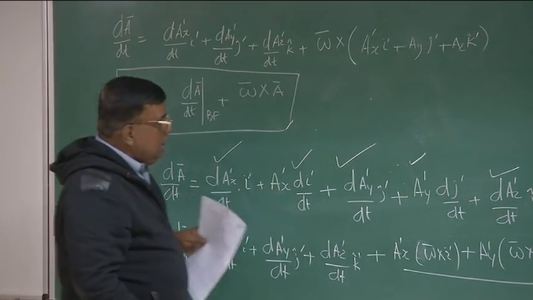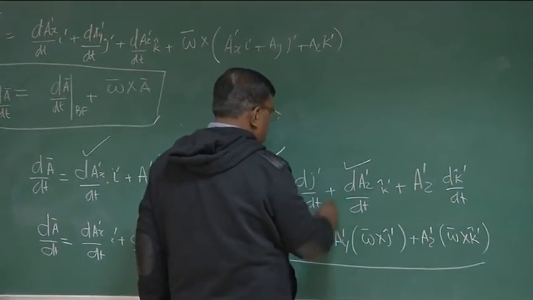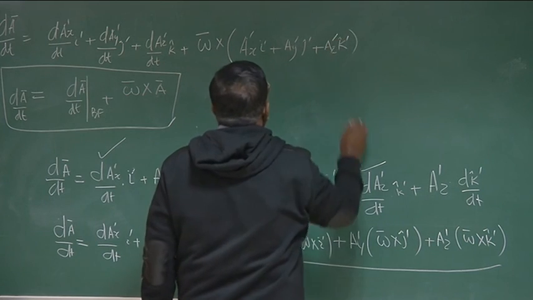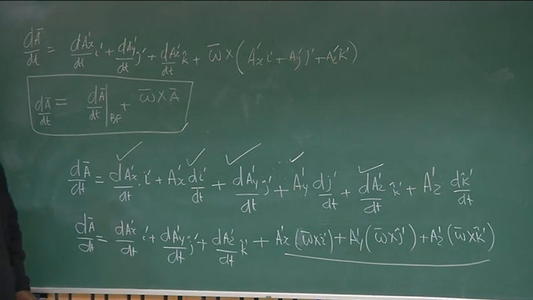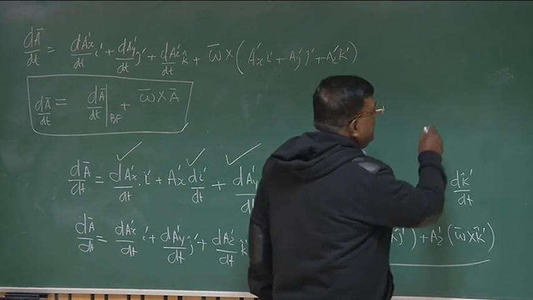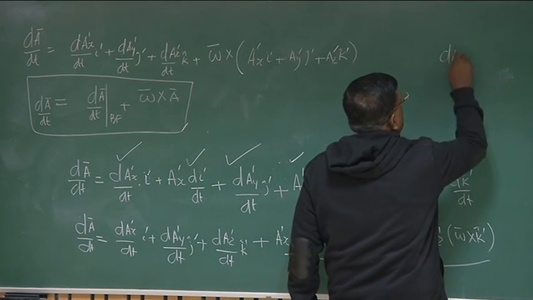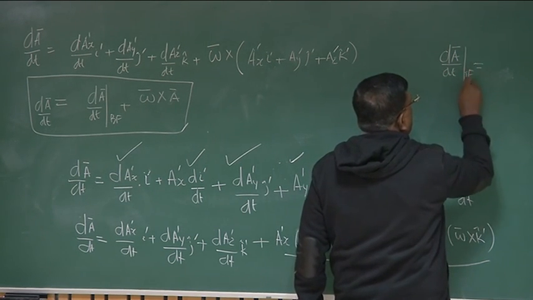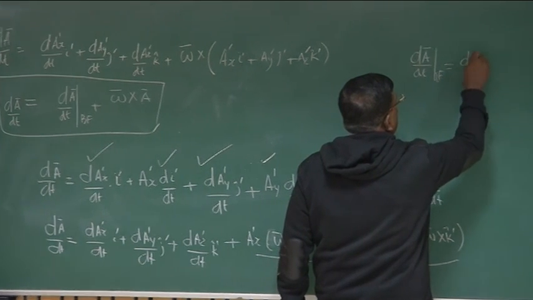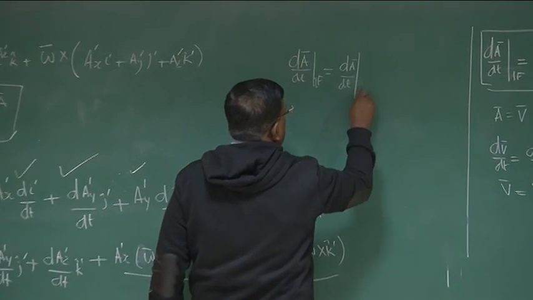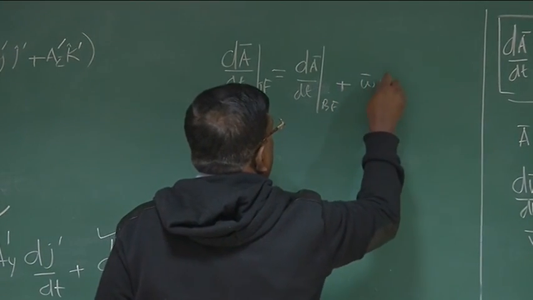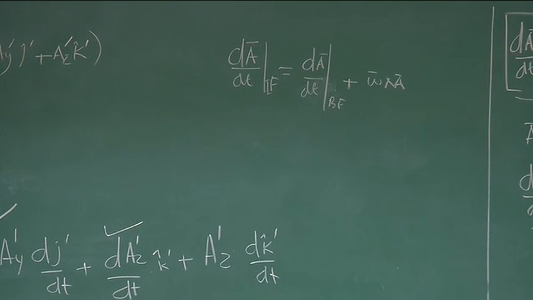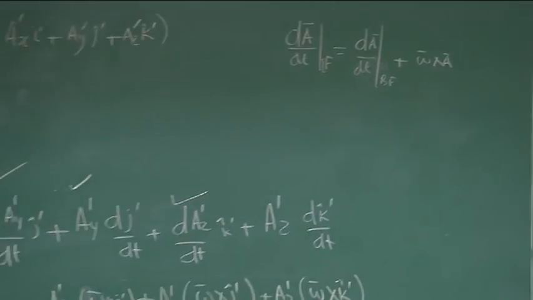So what we have understood is very simple now: dA by dt in the inertial frame is equivalent to working in the body frame, where I have to add omega cross A. In our problem, we have vector differentiation which demanded it be done in the inertial frame.